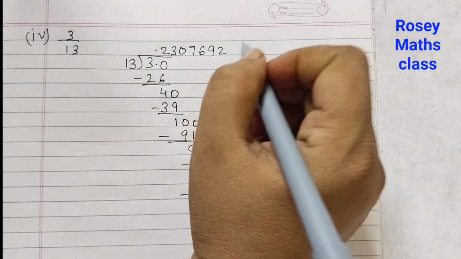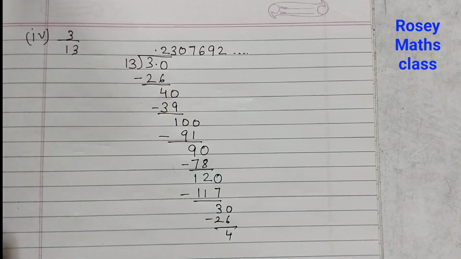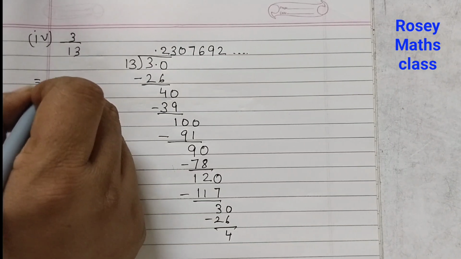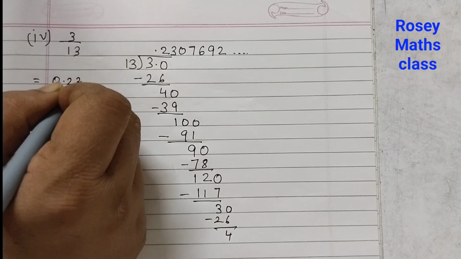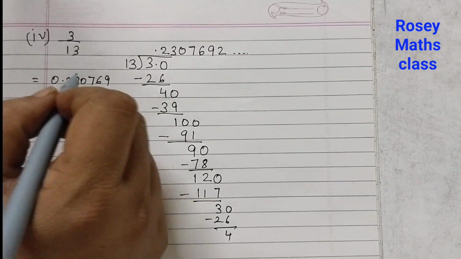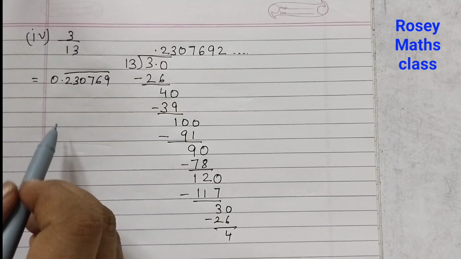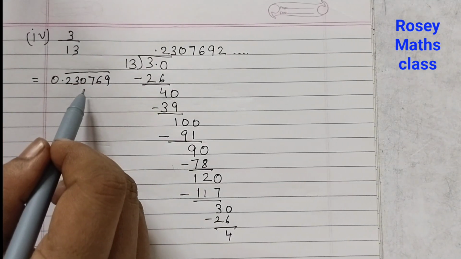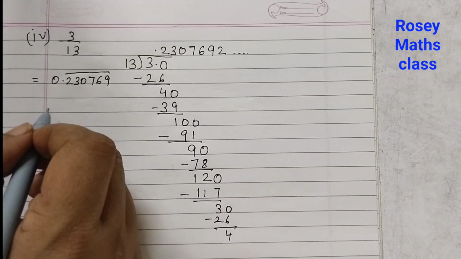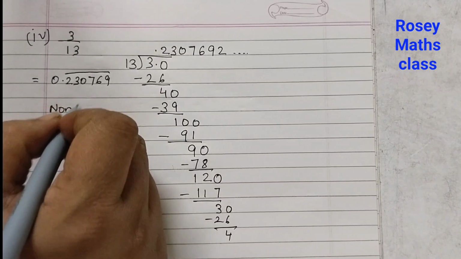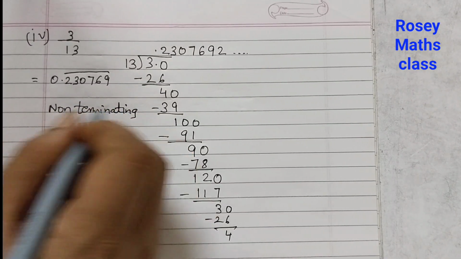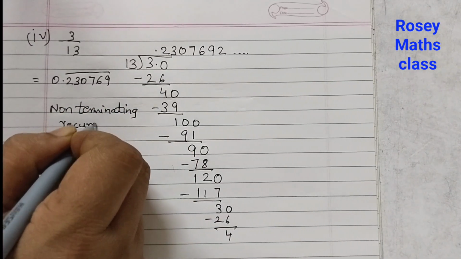We will just put dots, and the decimal expansion we can write as 0.230769 with a bar on top to show that this block is repeating itself. So this is not going to end. So that's non-terminating recurring, meaning repeating.